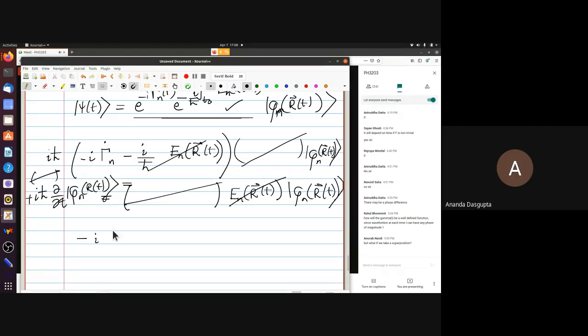So what you end up with is a very simple looking equation, minus i gamma n dot. Okay, let's cancel out the i h-bars on both sides. So no i h-bar here. Minus.